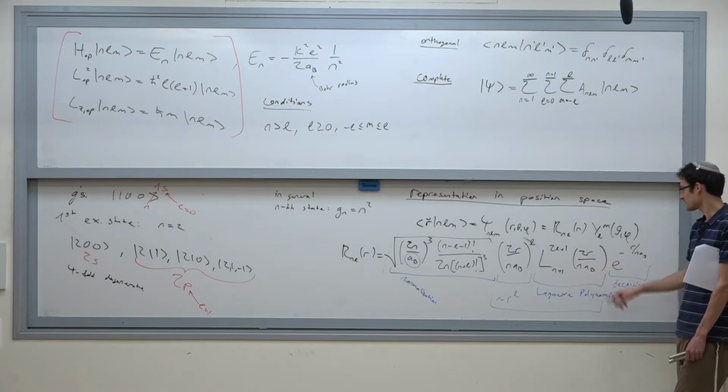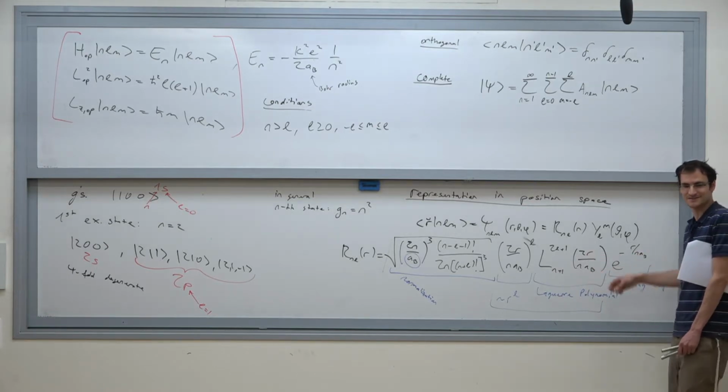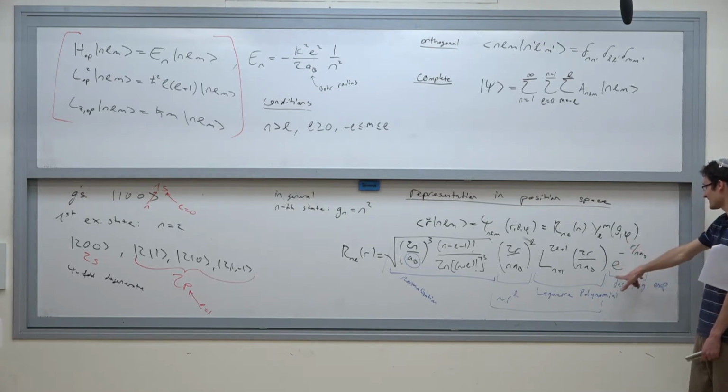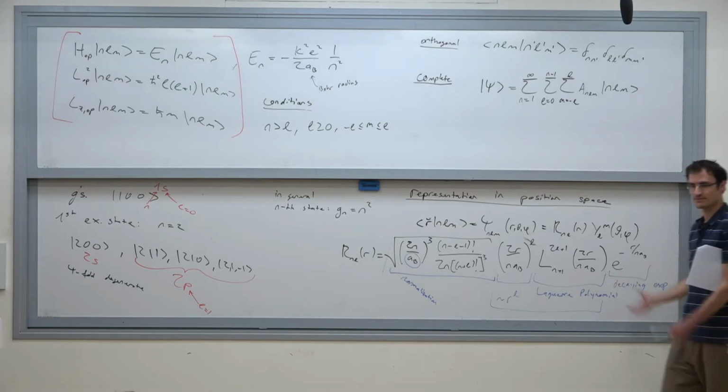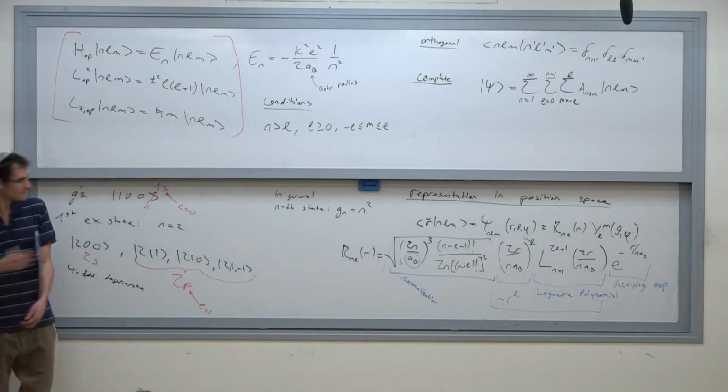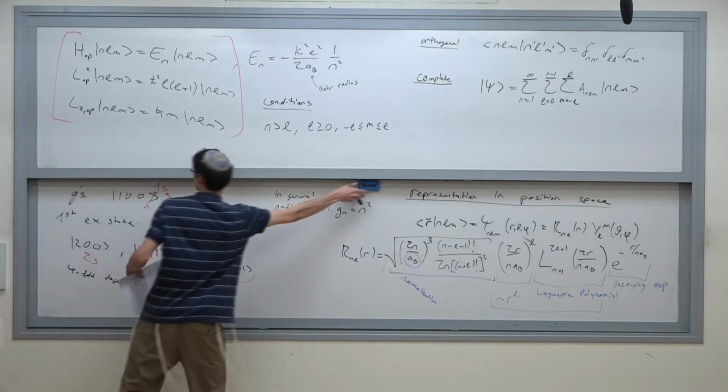Oh, okay. Sorry, that's why I type my notes. It's readable. Obviously, as r goes to infinity, the wave function must go to 0, and this will take care of it. So simple, right? It's long, it's messy, but if you break it down into parts, there's really nothing to it.